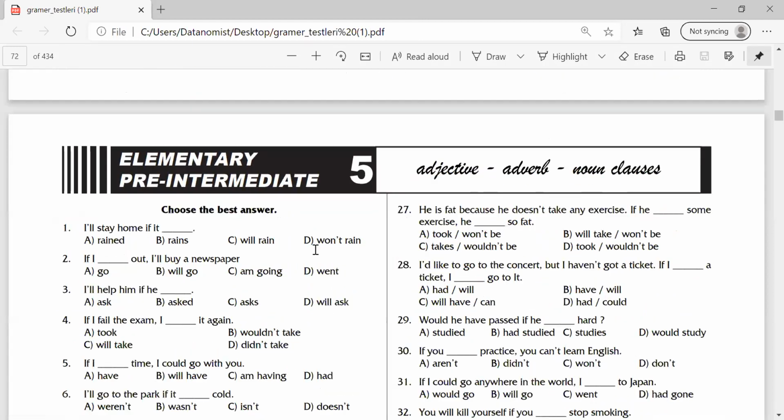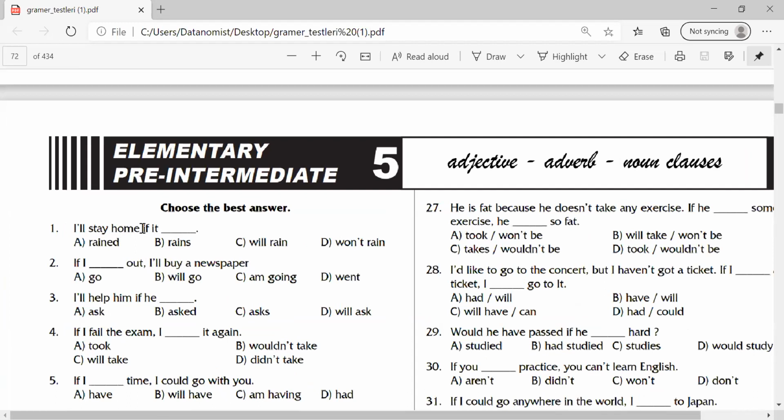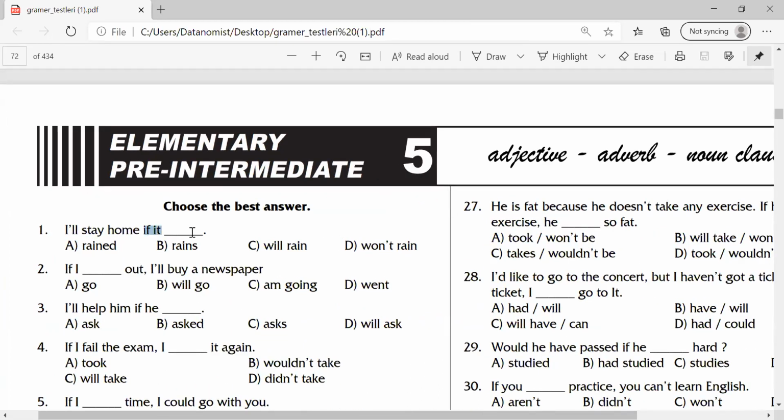Okay. Look at this first one. I will stay home if it dash. So the moment I see the sentence, I understand it's a complex sentence because here I can see a secondary idea, and this fellow is asking me to fill this secondary idea. And where is my clue? Clue is obviously if. This is a conditional. I understand it's a complex sentence with condition.